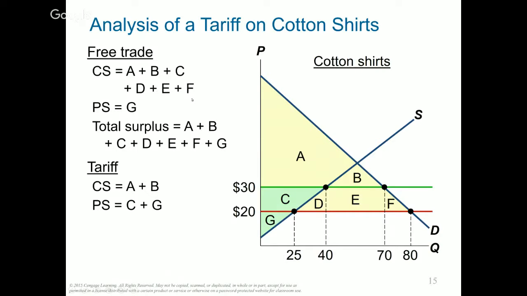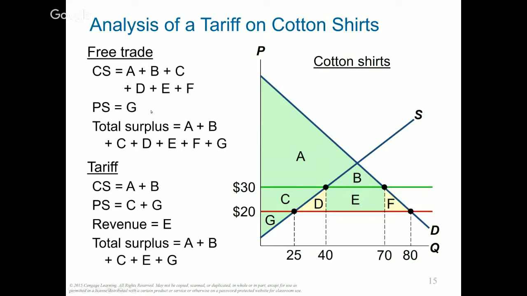Your area E is your new government revenue, because all the tariff they pay goes to the government's pocket. So the vertical distance, $10 here, is how much the tariff is for each unit. And then we're going to import 30 units, so 30 times 10, this rectangle over here, that's our tax revenue. So your total surplus is areas A, B, C, E, and G.